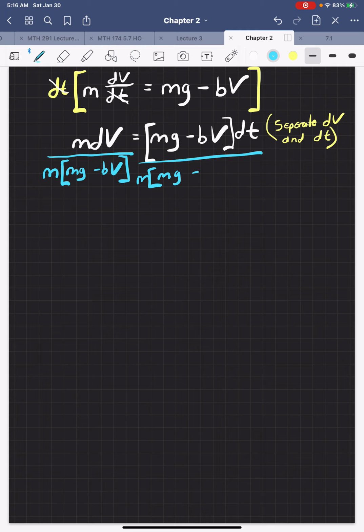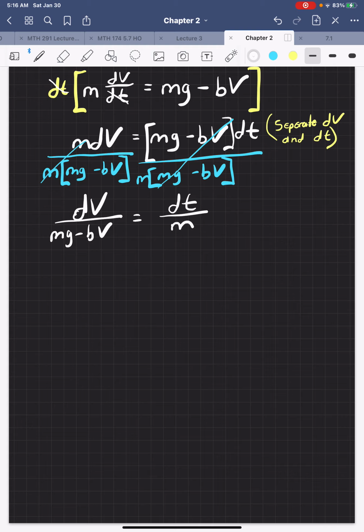Some things are going to cancel here. My m's are going to cancel, and my mg minus bv is going to cancel there. So let's see what's left. I'm just left with dv over (mg - bv), and over here I'm just left with dt over m.